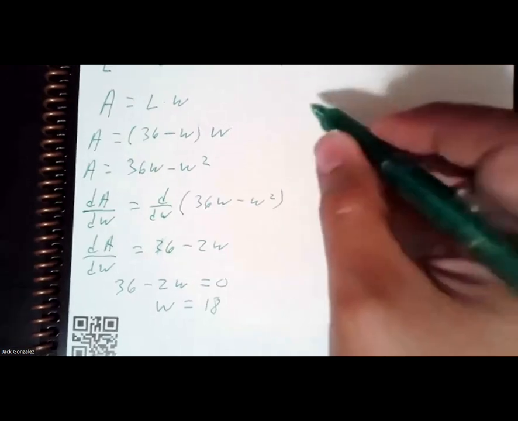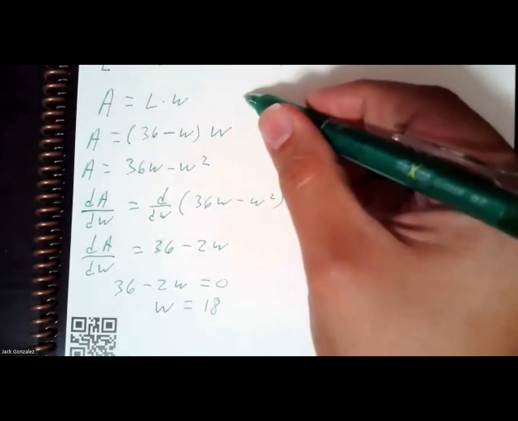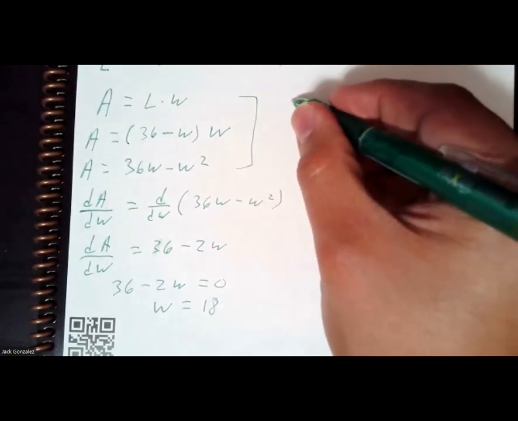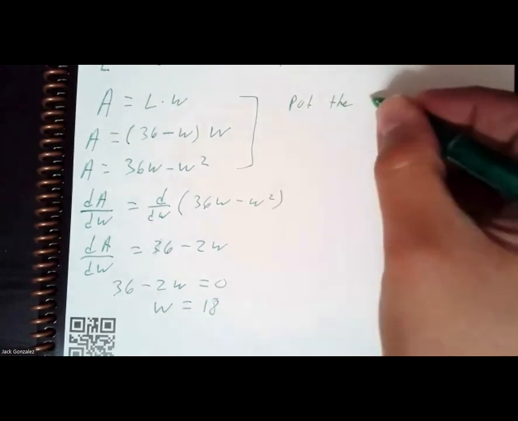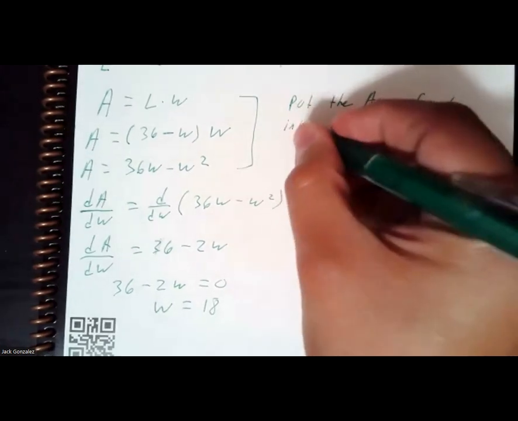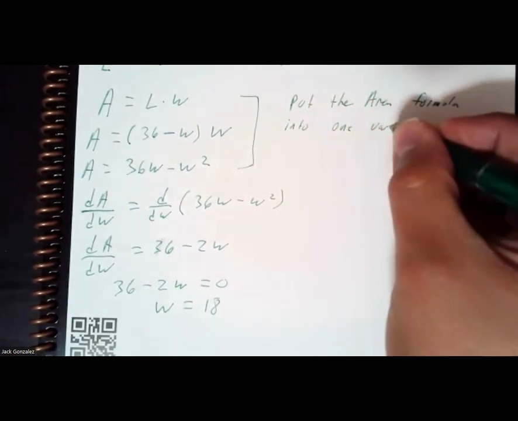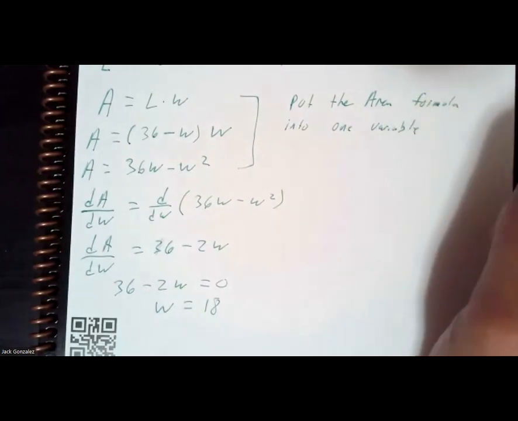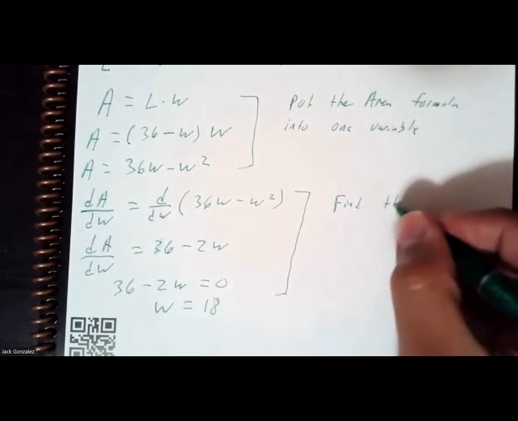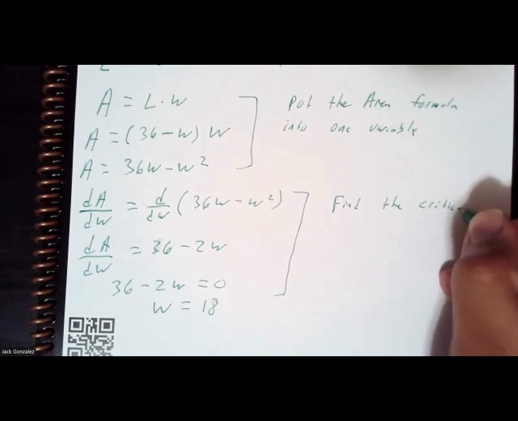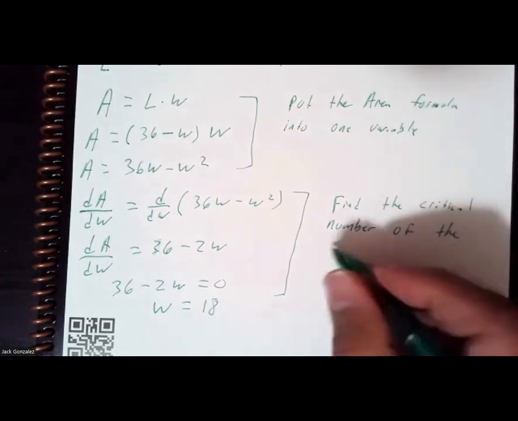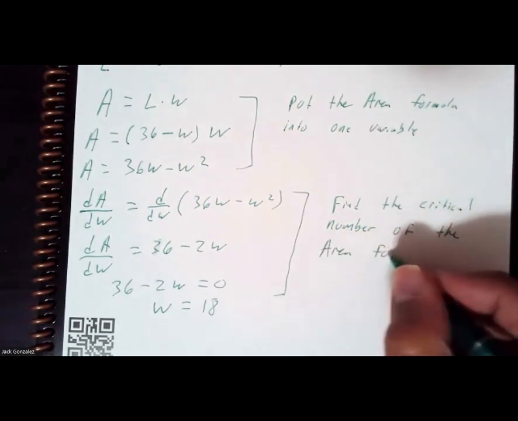Let me make a note here. Write the area formula in terms of one variable, and then first find the critical number of the area function.